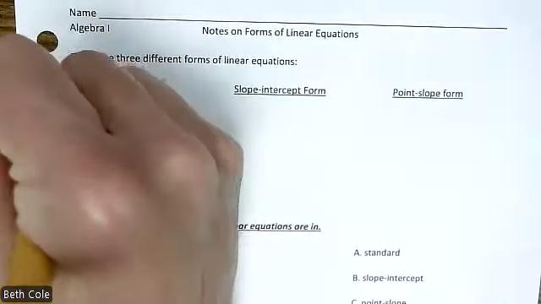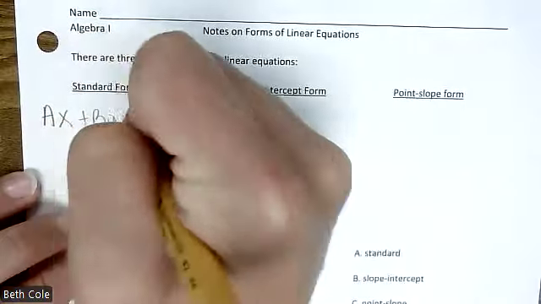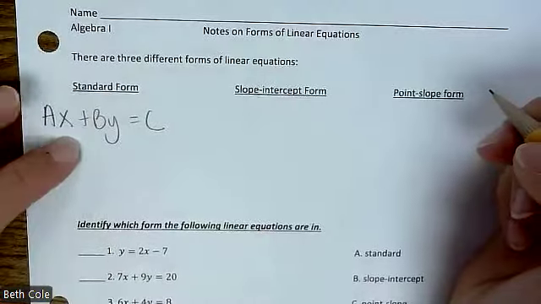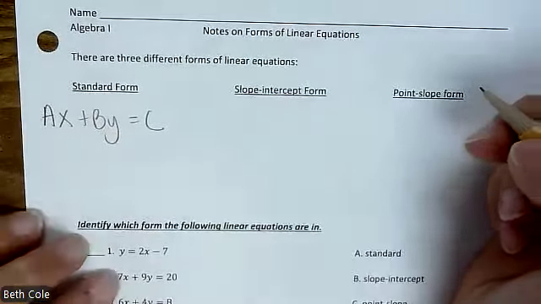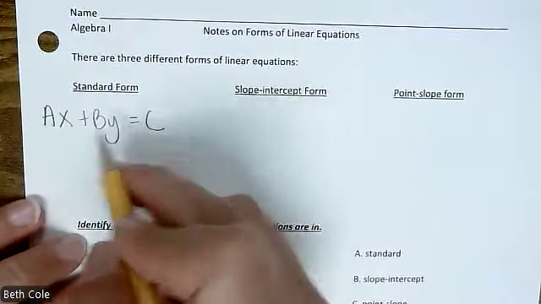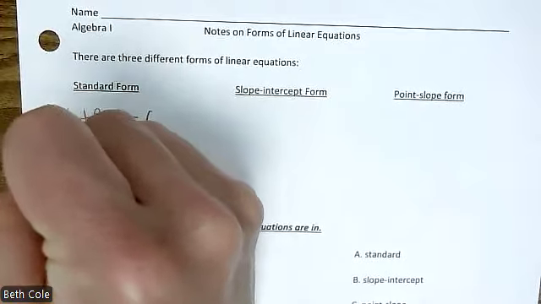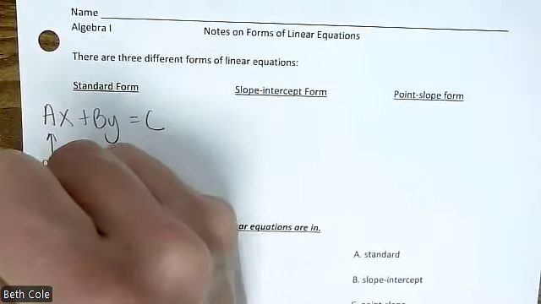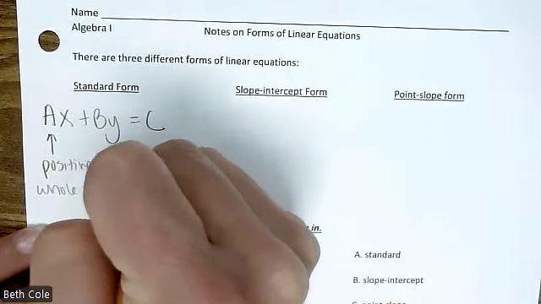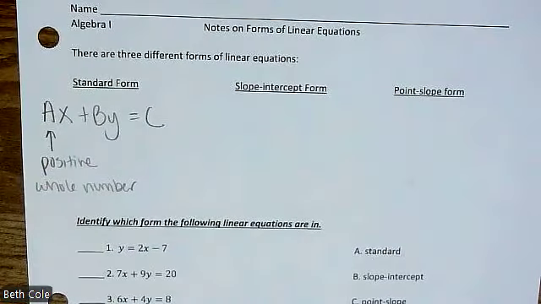So your standard form is AX plus BY equals C. So you have to get your X's first, then your Y's, then your equal sign. Which isn't that hard, but the thing is A has to be positive and a whole number. So it can't be negative and it can't be a fraction. So sometimes you do have to mess with that a little bit to get it to be positive and get it to be a whole number.